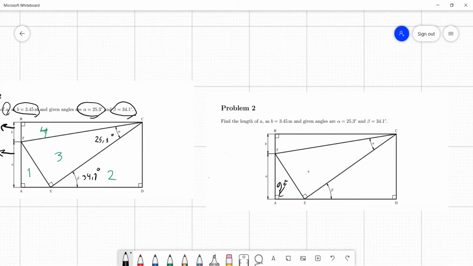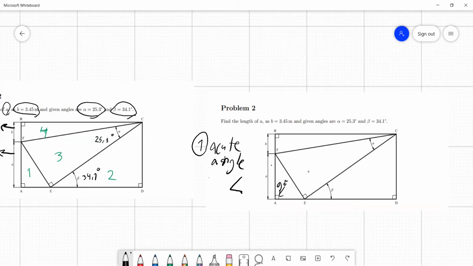But in order to use SOH CAH TOA and effectively find the hypotenuse or the sides or angles through the method, you will need to know at least one acute angle, and an acute angle is anything less than 90 degrees.